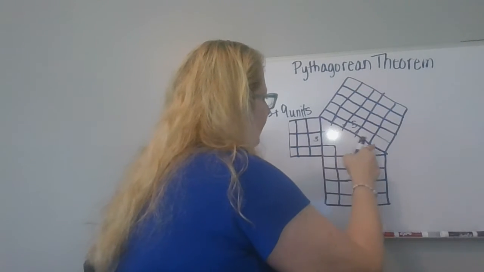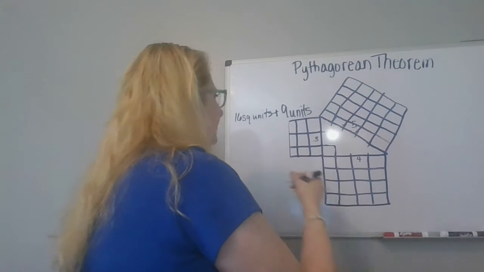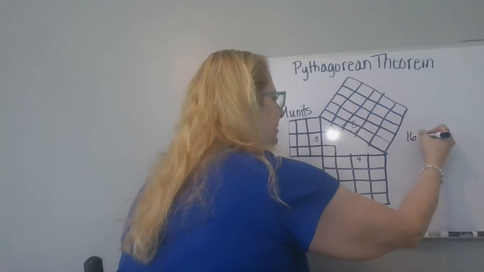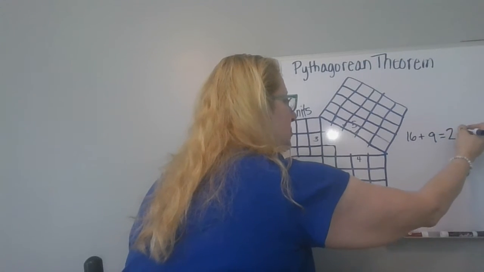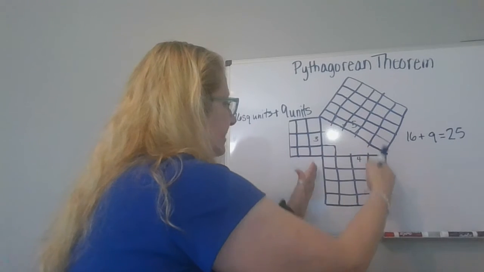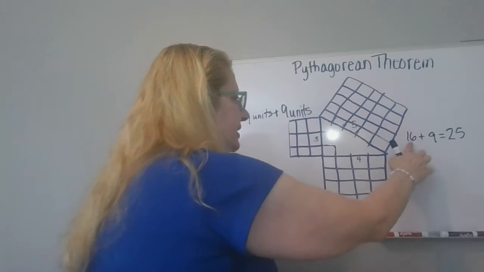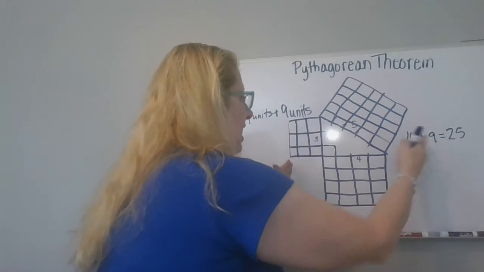So now I have a 5 by 5 square, and 5 times 5 is 25. So we have 16 square units plus 9 square units, and that equals 25 square units. So our base of 4 squared is 16. Our height of 3 squared is 9.